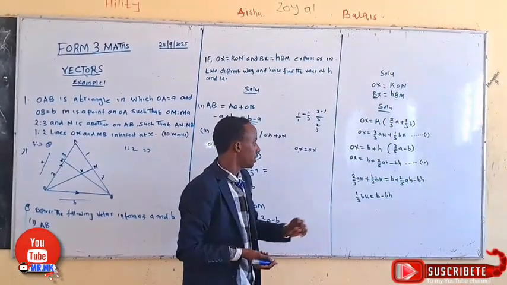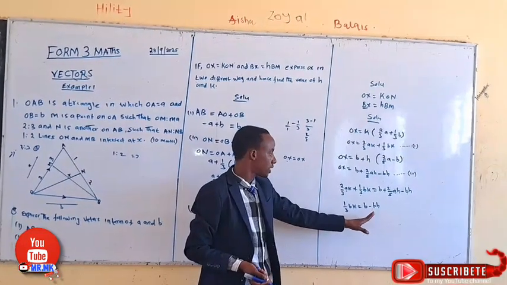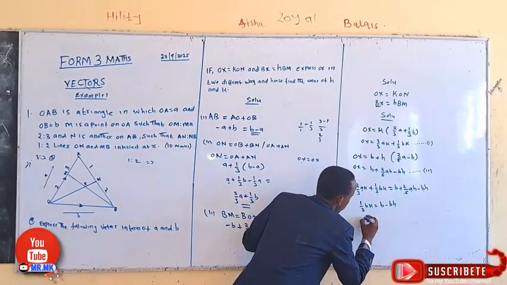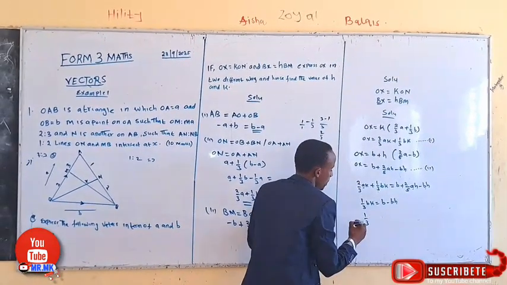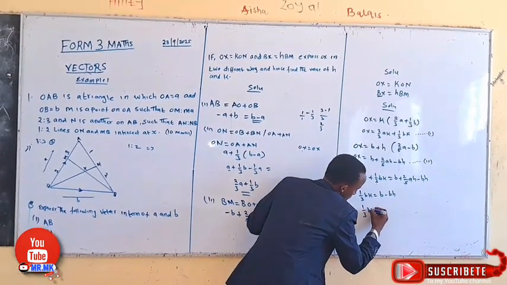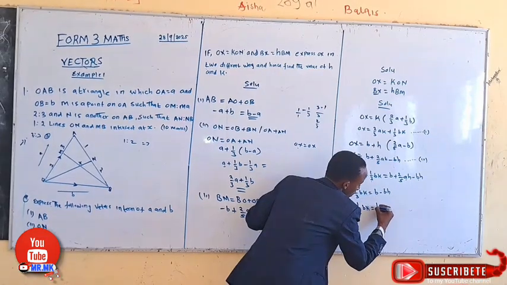Now if it is 2, I just cancel B with B. But for this case, you have to factorize this one to get the value for k. Now I just say a third BK is equal to, if I factorize it, the common factor is B. Close the bracket.